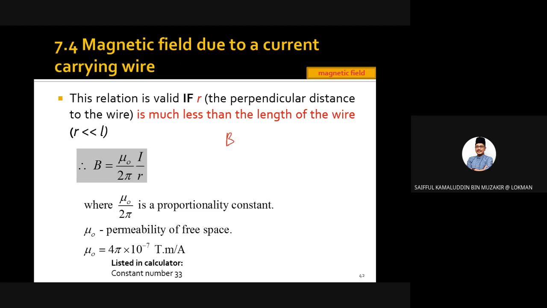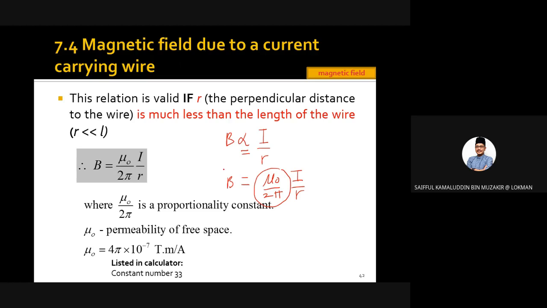B is directly proportional to I divided by R. Whenever we have proportionality, we could always change it into an equation. So B equals I over R times a constant. The constant should look like this: mu naught divided by 2 pi.